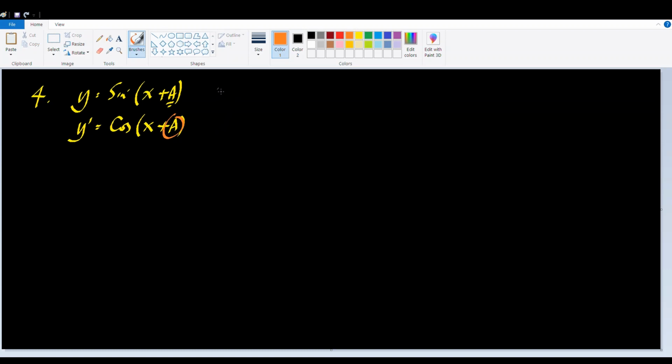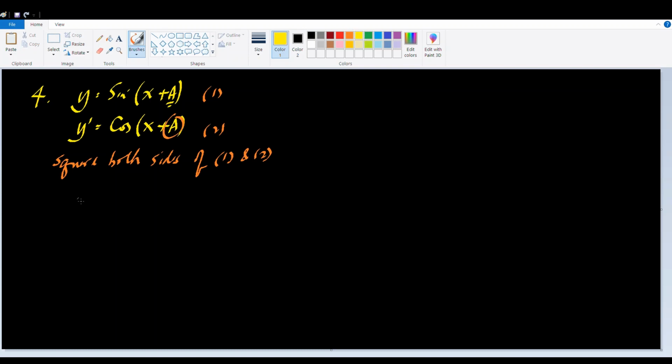Let us square both sides of these two equations, 1 and 2.